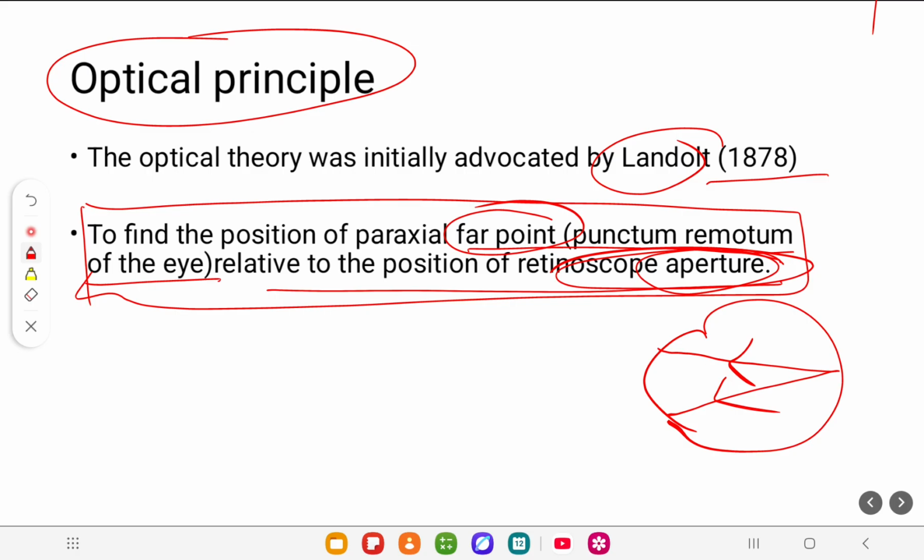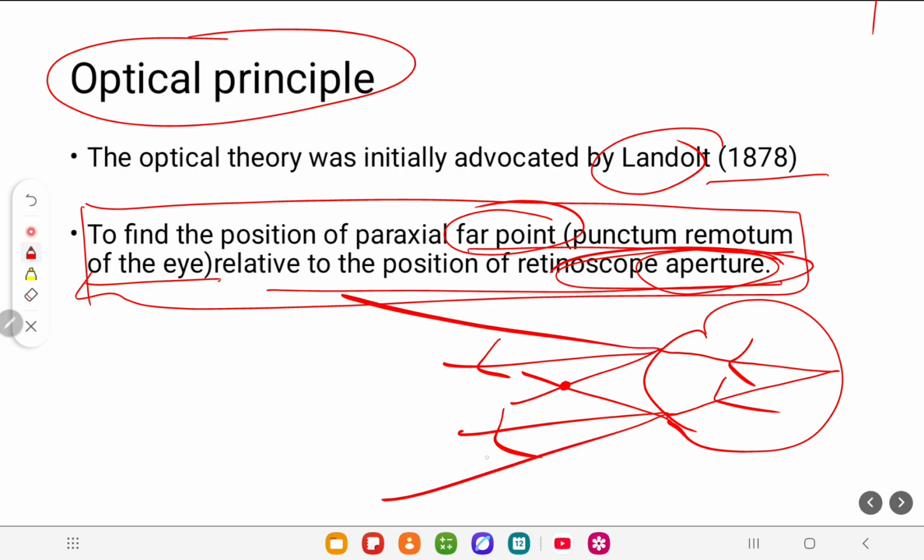If the eye is emmetropic, the refracted light comes out parallel. If the eye is myopic, the refracted light comes to a focus at the far point. If the eye is hyperopic, the light goes divergent, and the virtual far point is somewhere behind.